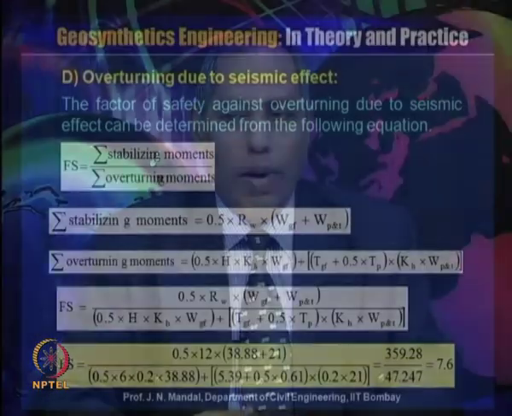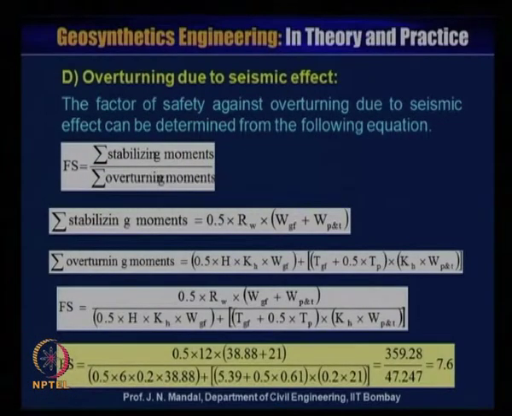Now, I will continue this example, that is D, overturning due to the seismic effect. The factor of safety against overturning due to seismic effect can be determined from the following equation: factor of safety is equal to summation of the stabilizing moment divided by summation of the overturning moment.